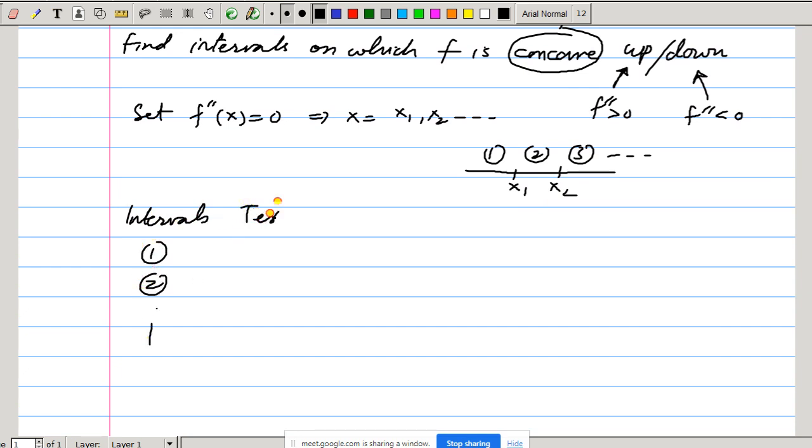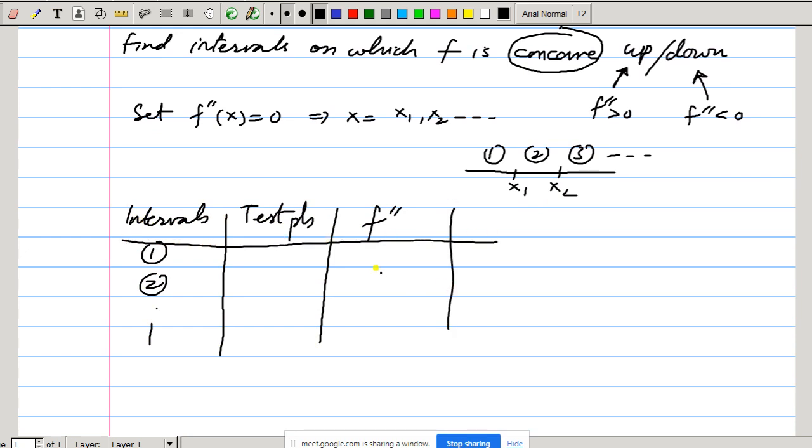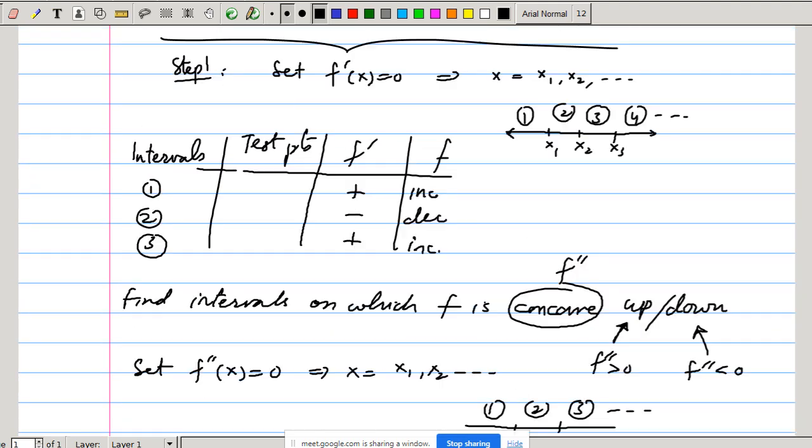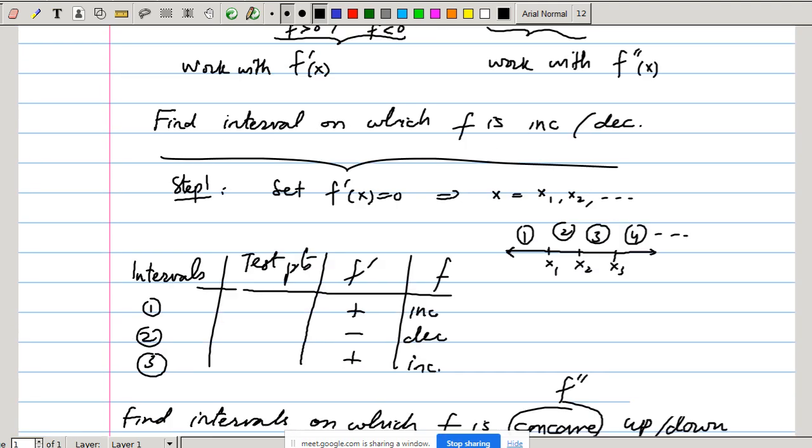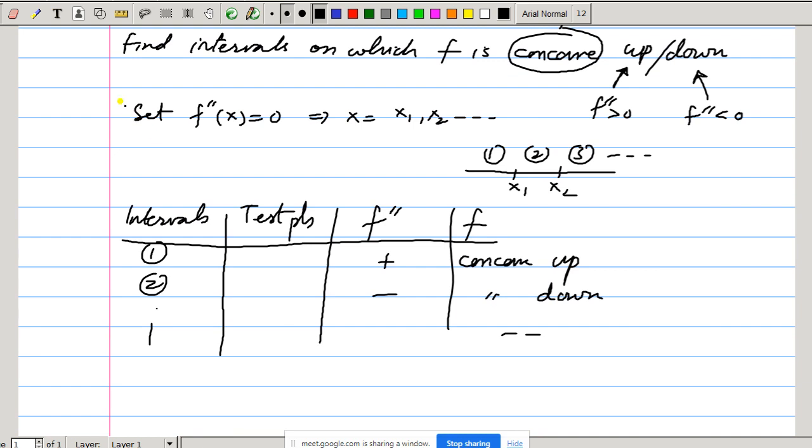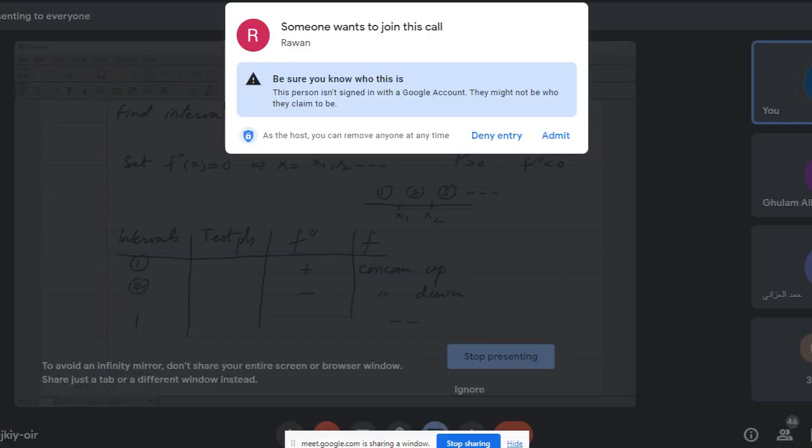We will pick the test points, but then we will test the second derivative, not the first one, for concavity. If the second derivative is positive, we will say that f is concave up. If it is negative, we will say that it is concave down, etc. Okay. So see, exact same mathematical calculations, but we are getting different conclusions.